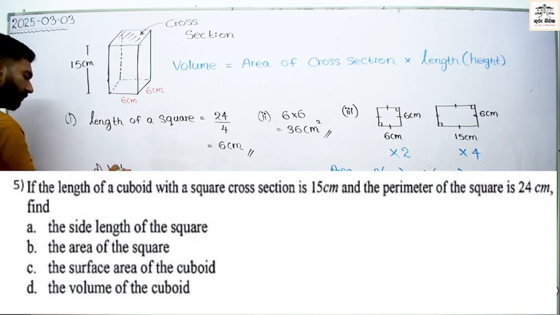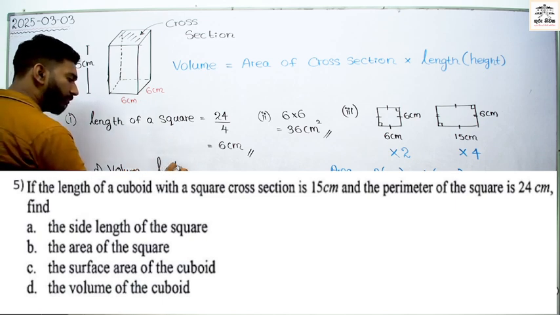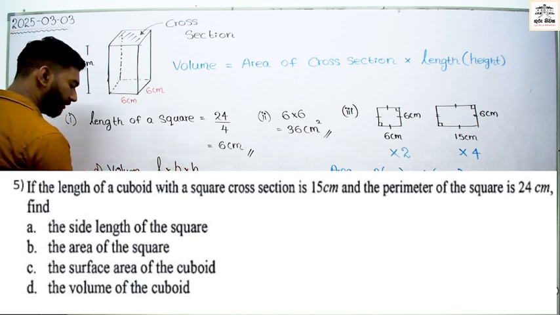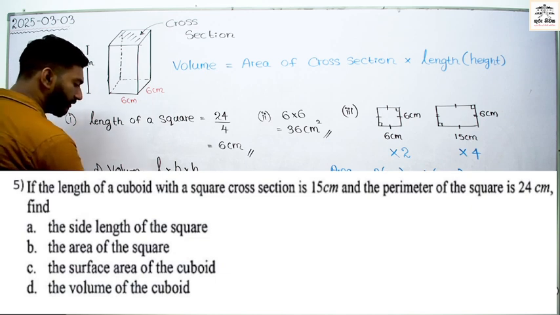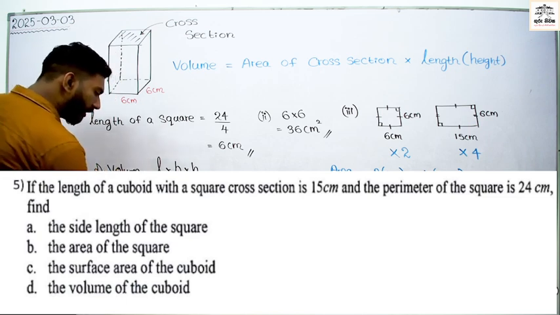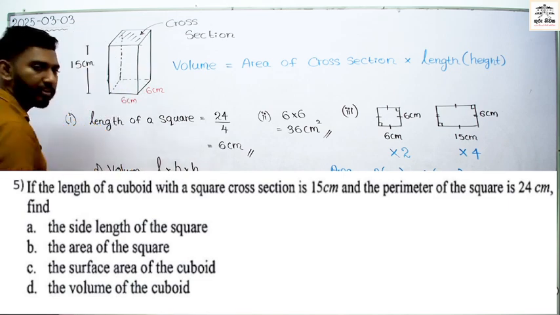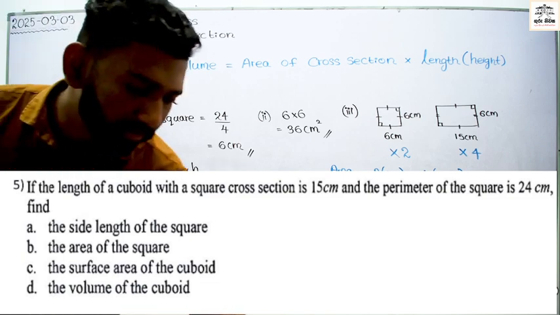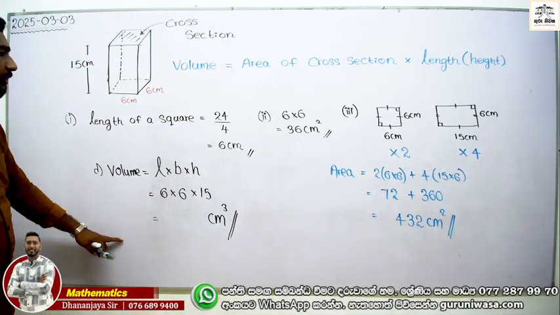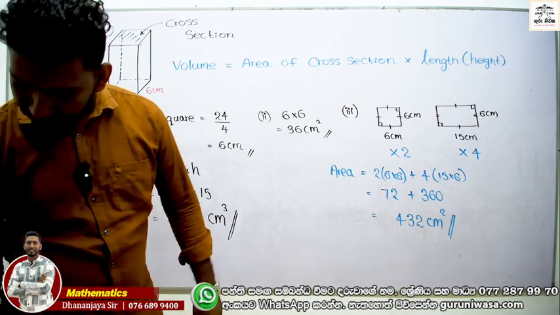Volume is equal to the length into breadth into height. 6 times 15. Then answer becomes cubic centimeters. Length into breadth into height. Then answer becomes as a cubic centimeters. Hoyam බලන්න පුතේ answer එක volume එකට.